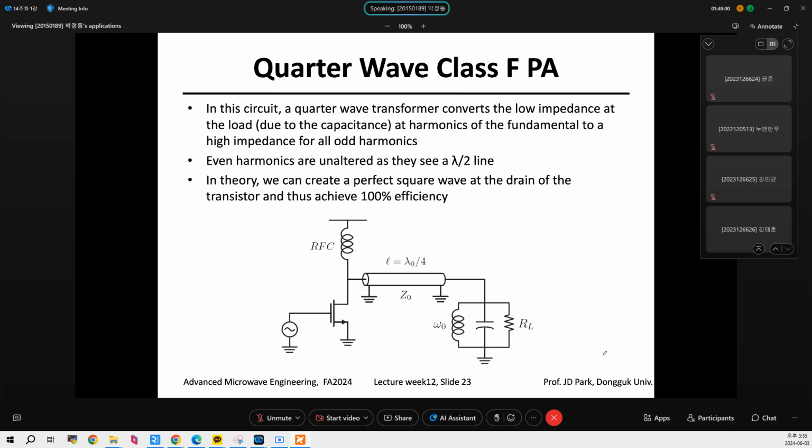Okay, here is a very smart way of achieving this approach. What if we just implement something like this? This is an inverter, an impedance inverter.